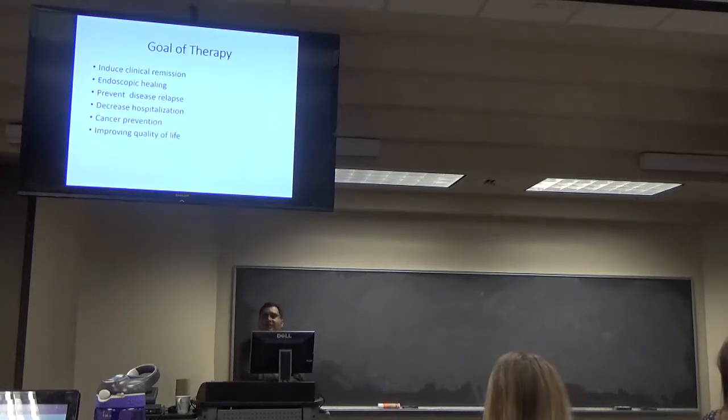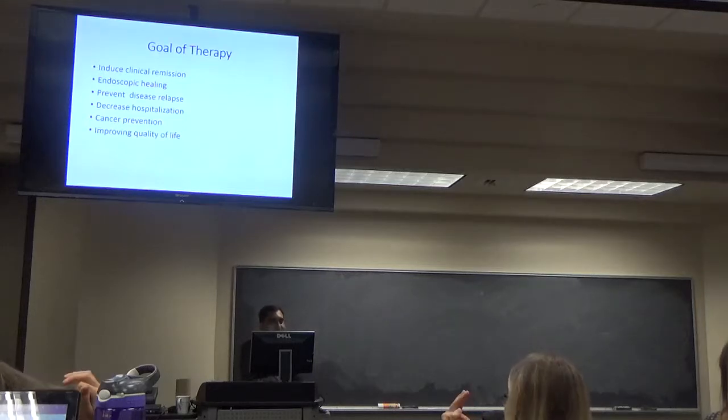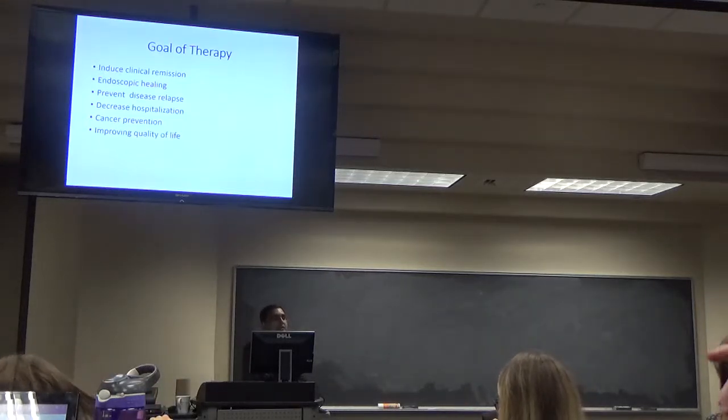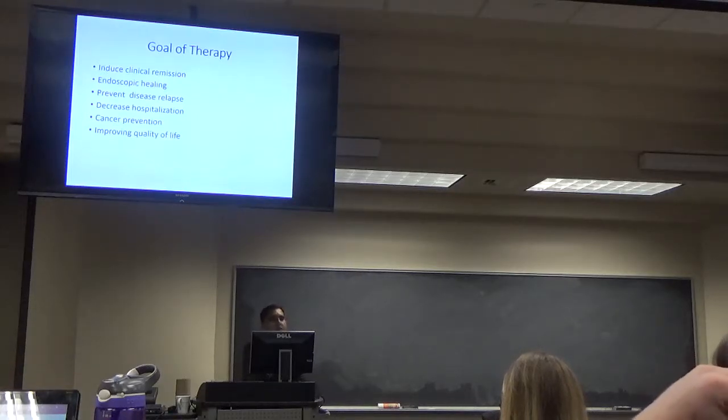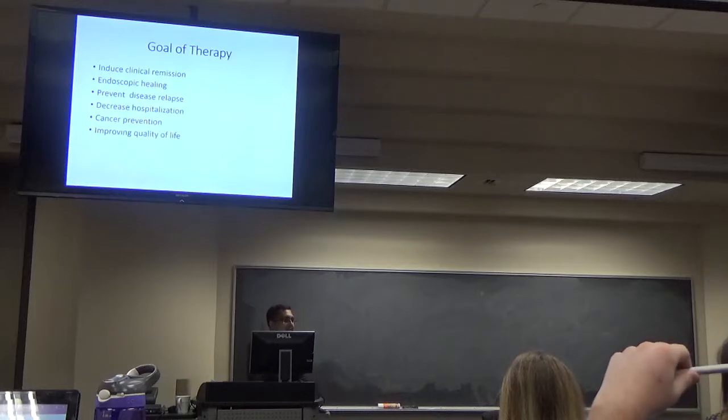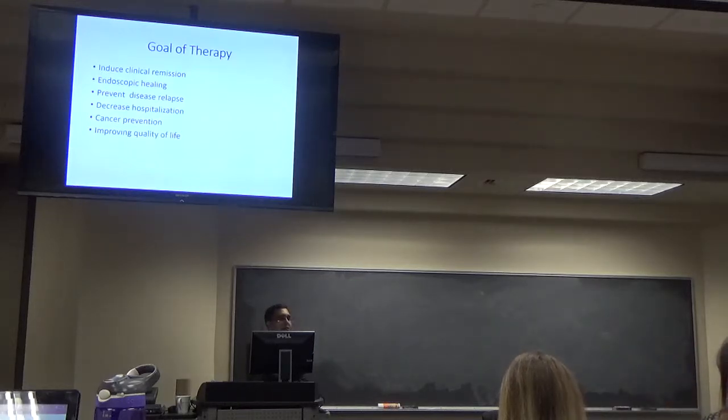So what are the goals of our therapy? And I'm going to ask you what you picked at the end. So what are our goals of therapy? Not only do you want your patient to be symptom-free, you want the mucosa to heal also. And why do you want that? You want that so that they don't get structural damage. You want that so that they don't end up having surgery.